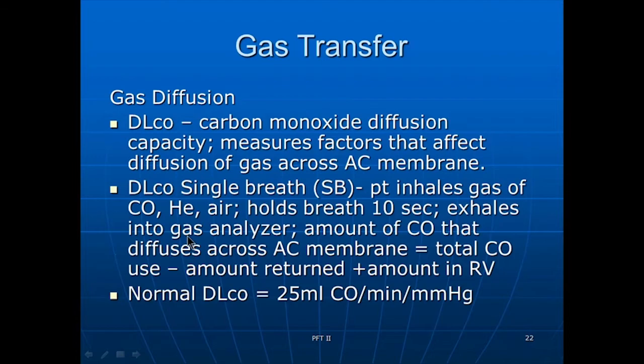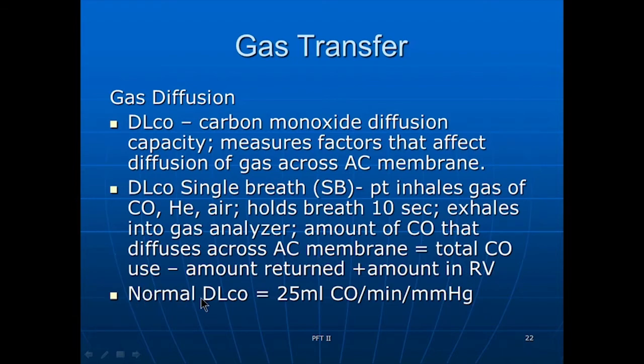And they exhale into a gas analyzer, and they measure the amount of carbon monoxide that diffuses across the membrane. It's usually the total carbon monoxide used, the 0.3%, minus the amount returned. Then they calculate the amount that will remain in the residual volume that they can't blow out.